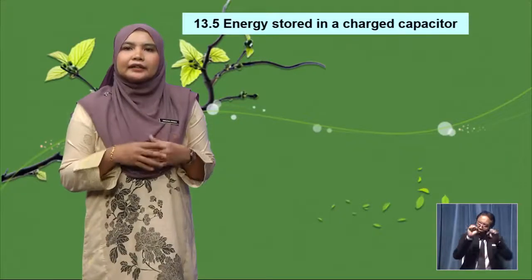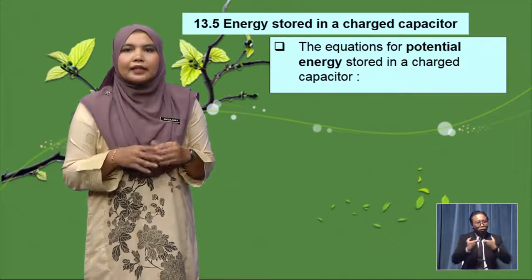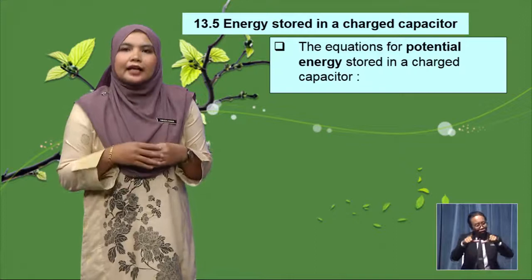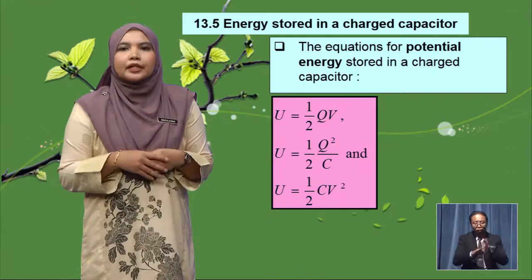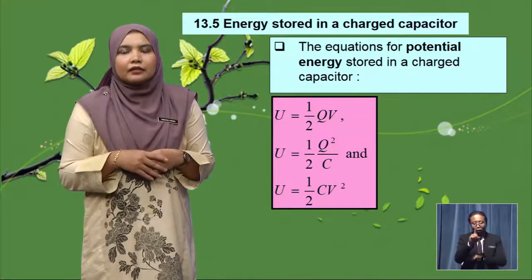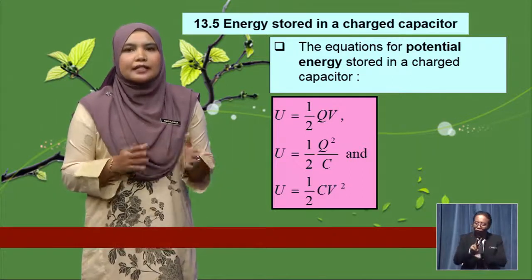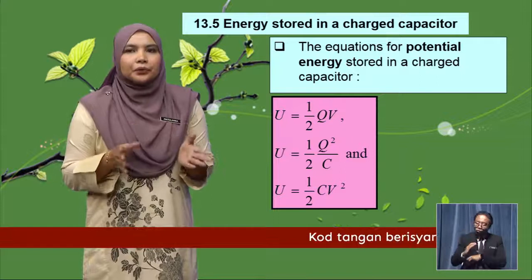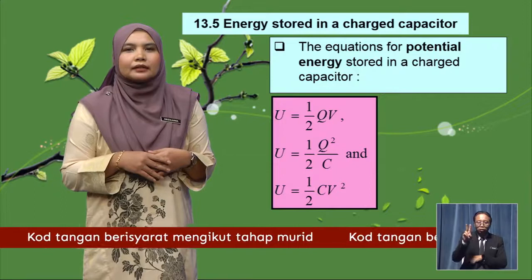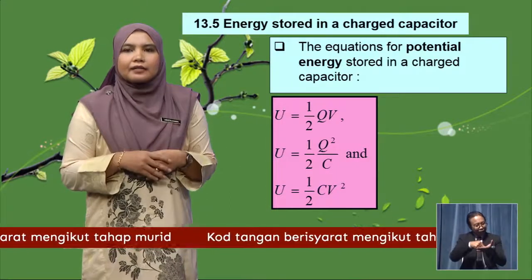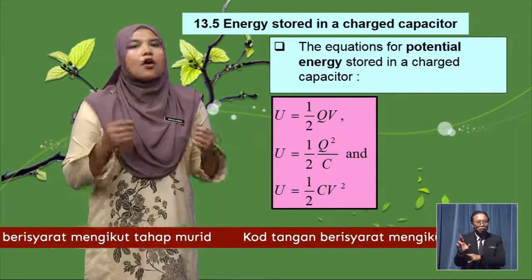The potential energy stored in a charged capacitor can be stated in any of the following formulae: U equals half QV, U equals half Q squared over C, and U equals half CV squared. This result applies to any capacitor regardless of the geometry.